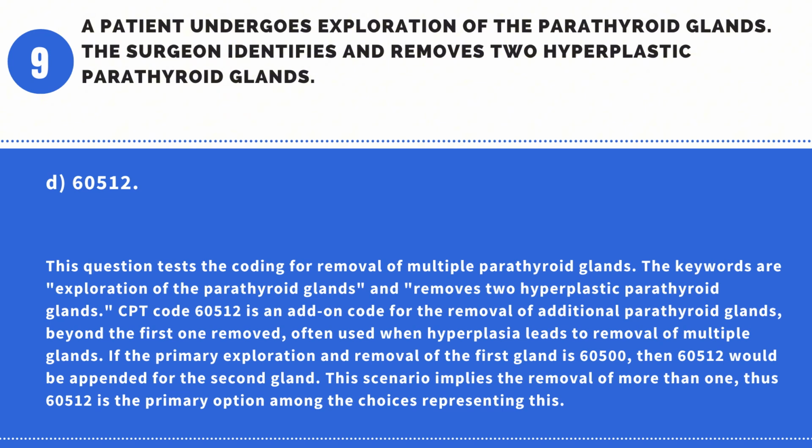If the primary exploration and removal of the first gland is 60500, then 60512 would be appended for the second gland. Therefore, you would report 60500 for the first gland and plus 60512 for the second gland. This scenario implies the removal of more than one, thus 60512 is the primary option among the choices representing this.